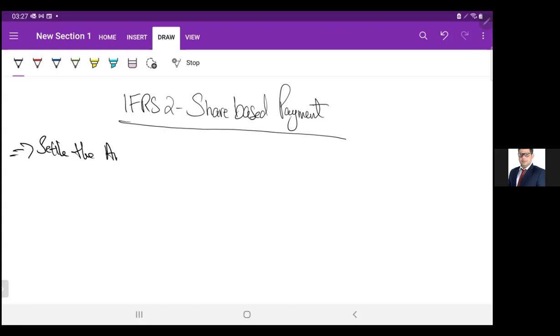Settle the amount by issuing shares or share options, or incur liabilities for cash payments based on its share price.